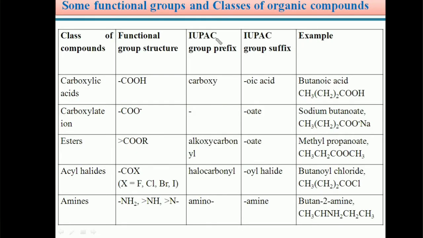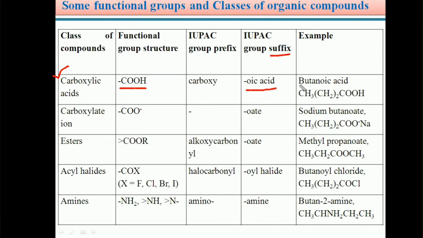The next functional group is carboxylic acids. Students, the functional group structure for carboxylic acid is COOH. COOH is the carboxylic acid functional group. In the case of the COOH carboxylic acid functional group, the IUPAC group suffix is oic acid.